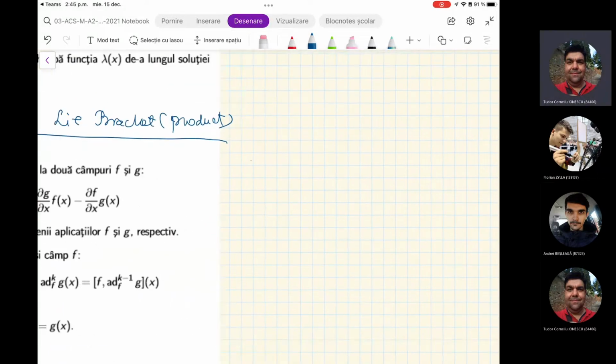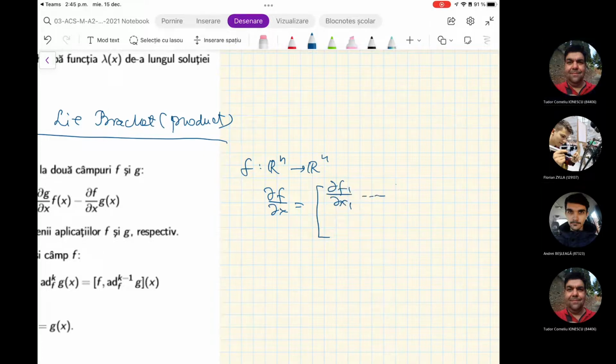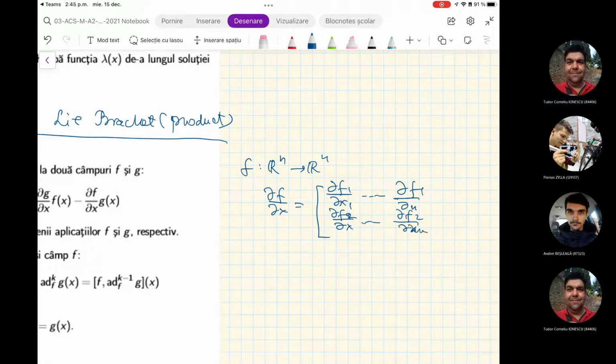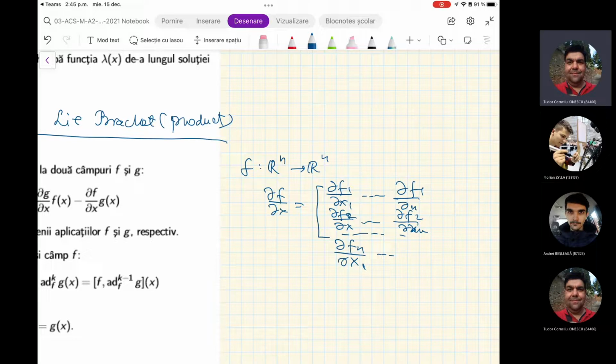If you have a function f from Rn to Rn, you remember the Jacobian, because we used to do that when we were doing linearization. df dx is a matrix this time: df1 dx1 up to df1 dxn, df2 dx1 up to df2 dxn, and so on, and finally dfn dx1 up to dfn dxn.